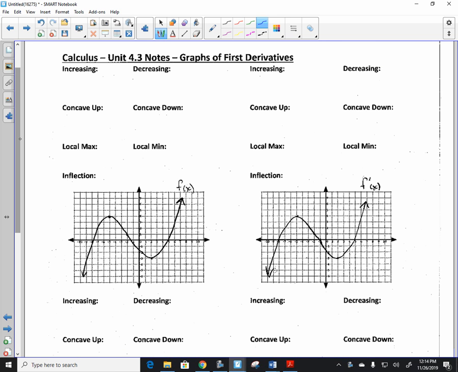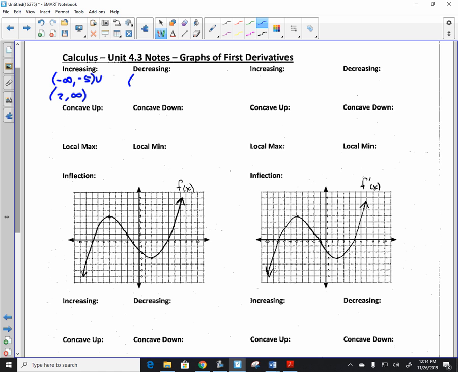So if this is f of x, am I increasing or decreasing right now? Increasing. So increasing would be from negative infinity to about what? -5. And then union, what? 2 to infinity.